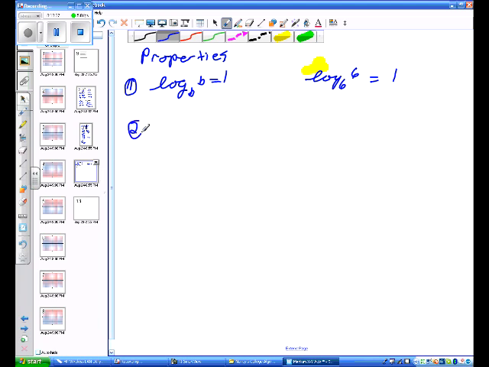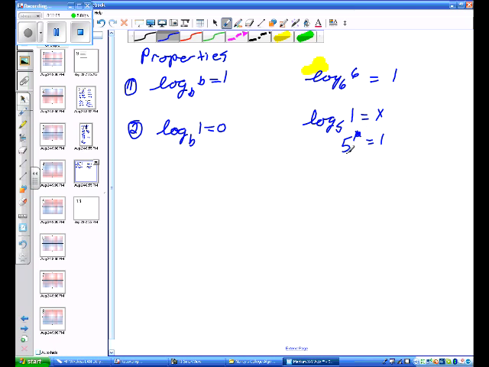Right, a second property that we're going to have is log base b of 1 equals 0. Now, we didn't do one of these a while ago, but if we took this and wrote it back in exponential form, let's just say we have log base 5 of 1, and we want to know what that equals. Well, we're asking 5 raised to what power equals 1.